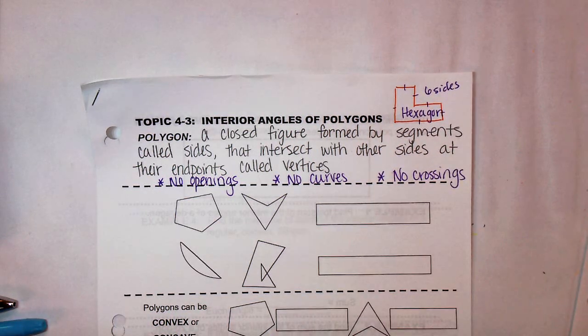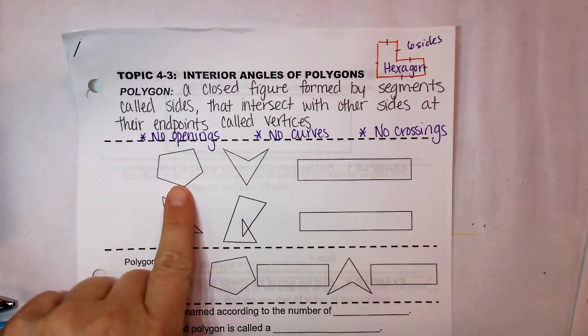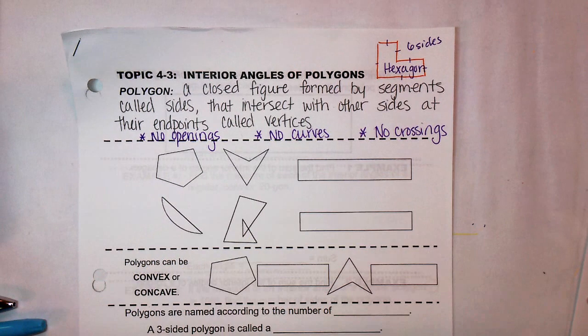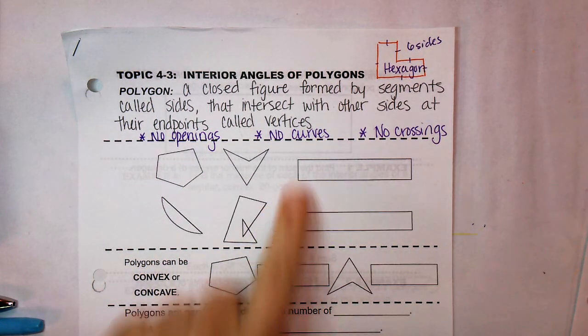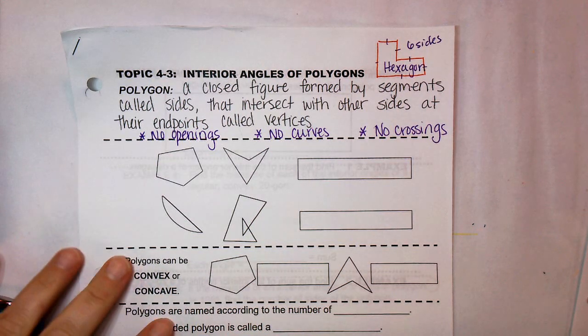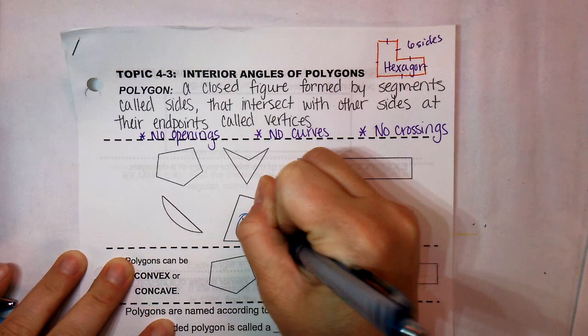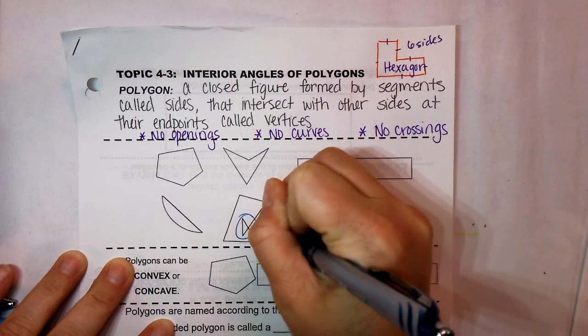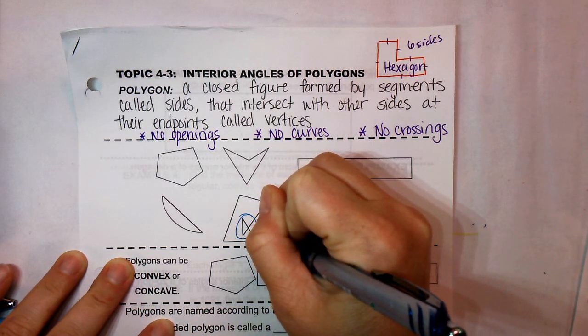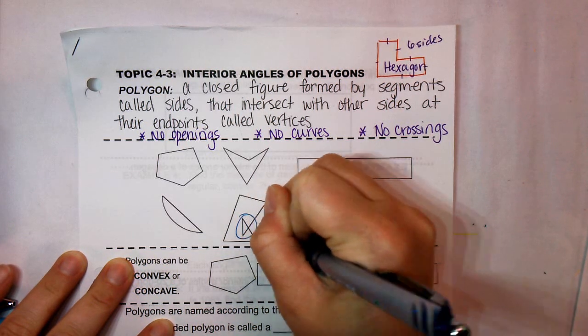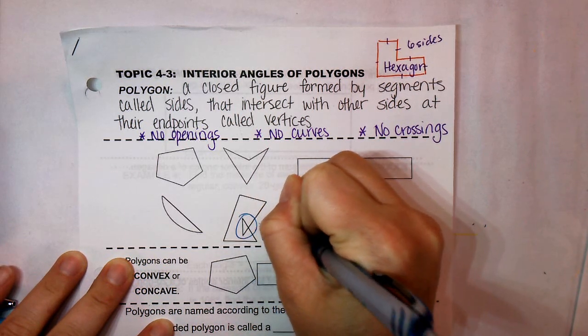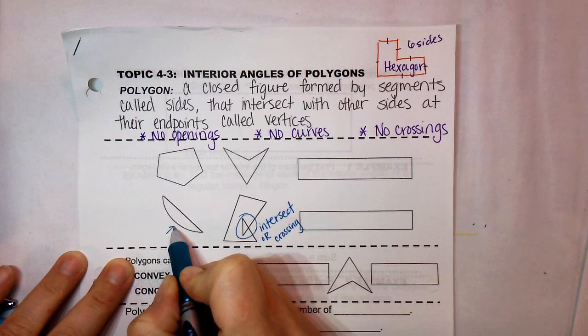Okay, so when I'm looking at my shapes, there's my top 2 shapes and my bottom 2 shapes. Which ones do you think, the top or the bottom, are polygons? Right, so this has a crossing right here, or an intersection. And then this has a curve.